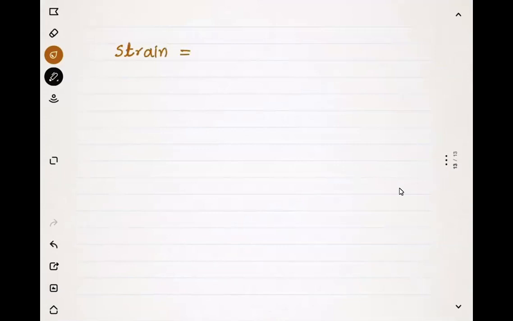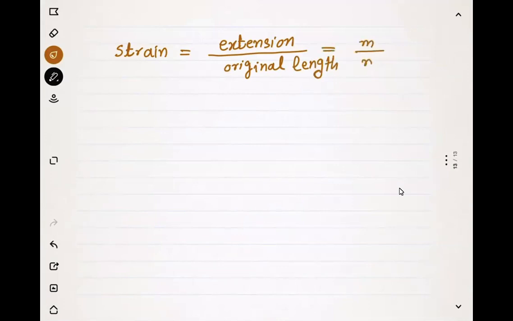Strain is actually extension over not the extended length but the original length. Unit of extension is meter and unit of length is also meter. So it has no unit.